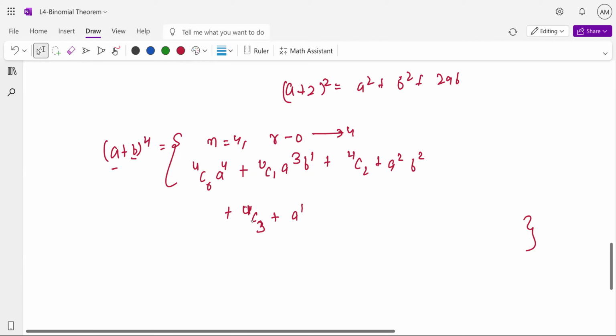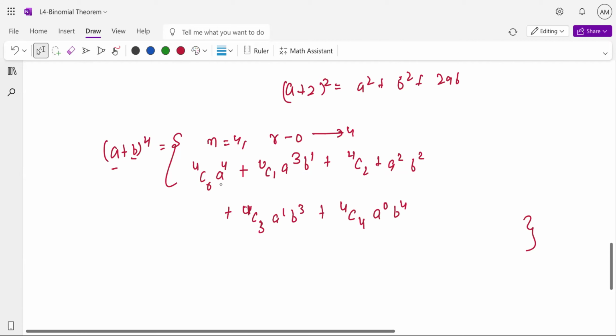Yes, a to the power 1 b to the power 3, plus 4C4 a to the power 0 b to the power 4.